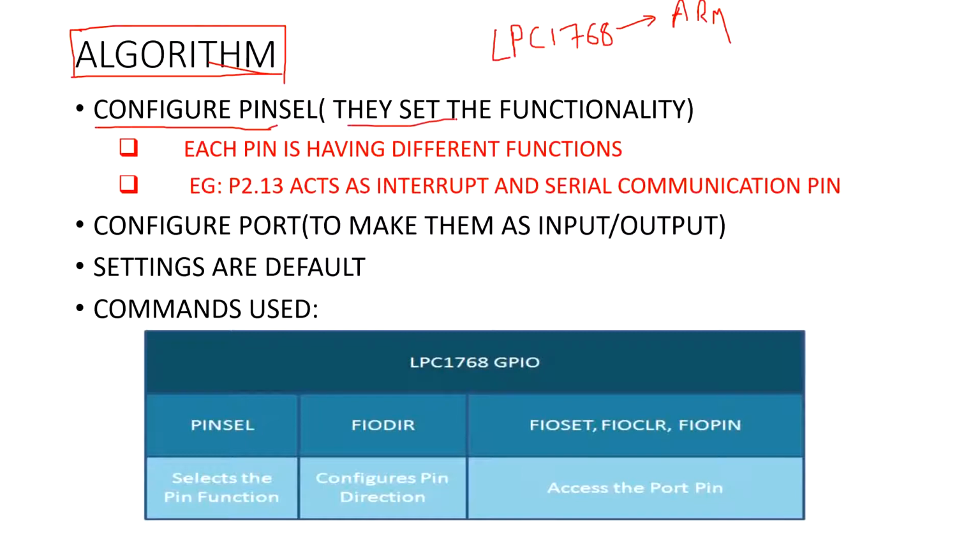Because they set the functionality. We know that each pin has different functions. For example, if you consider the 13th pin of port 2, it acts as an interrupt and serial communication pin.